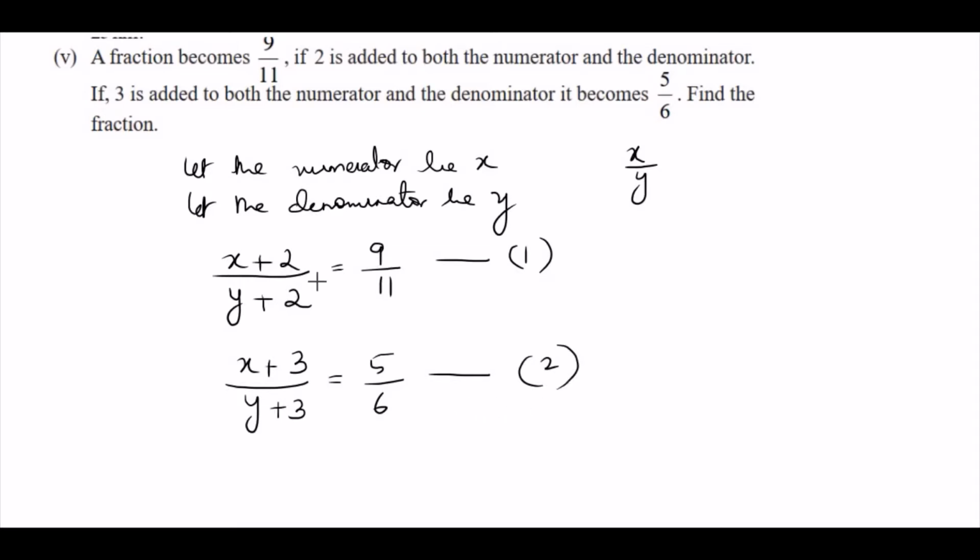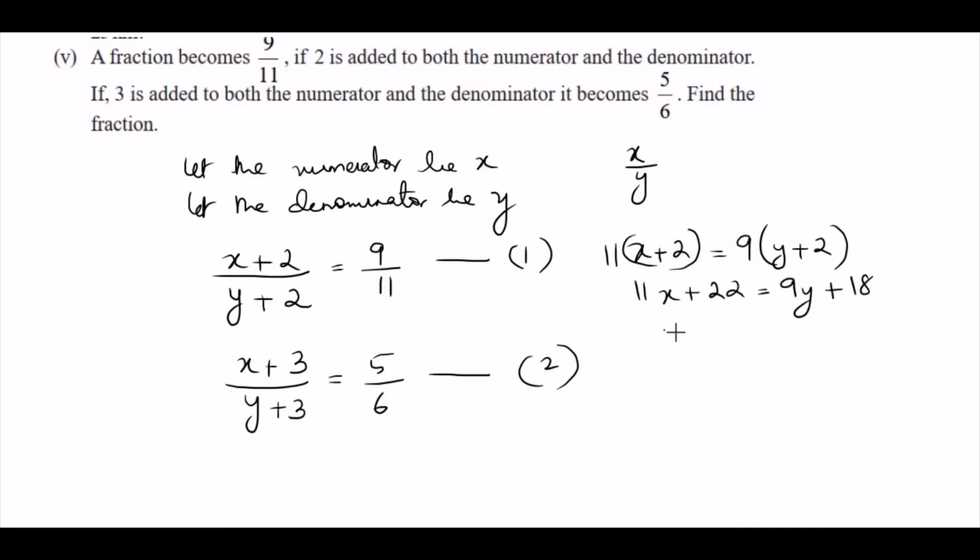So now you have to cross multiply and make it in the standard form, that is x plus 2 into 11 is equal to 9 into y plus 2, that is 11x plus 22 is equal to 9y plus 18. So 11x minus 9y is equal to 18 minus 22, that is 11x minus 9y is equal to minus 4.